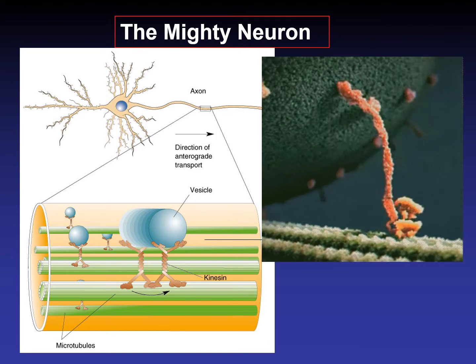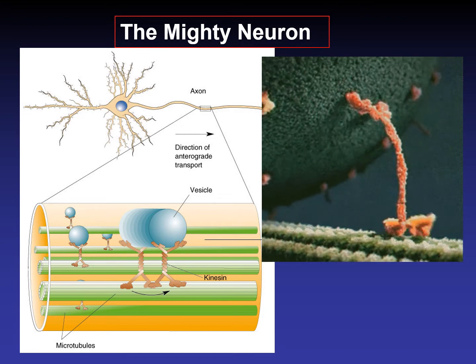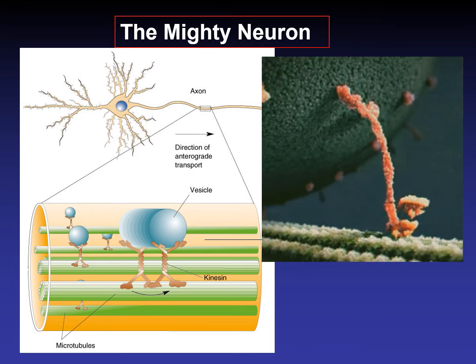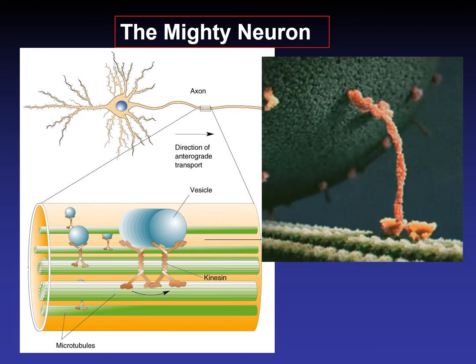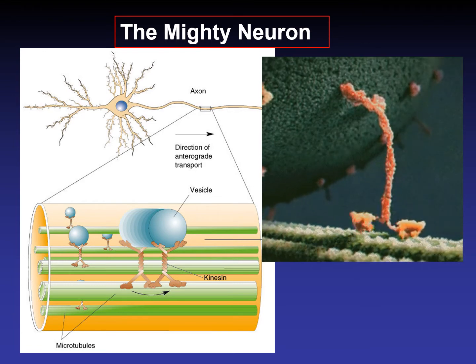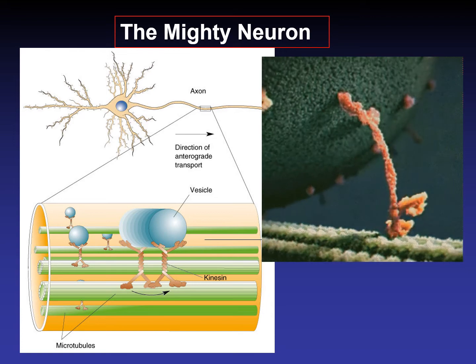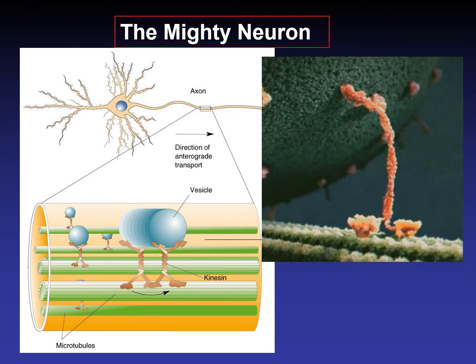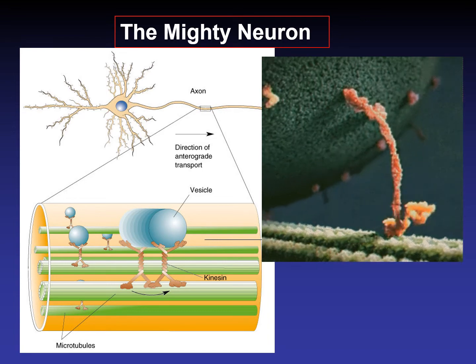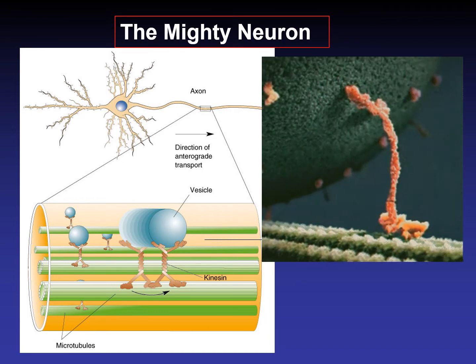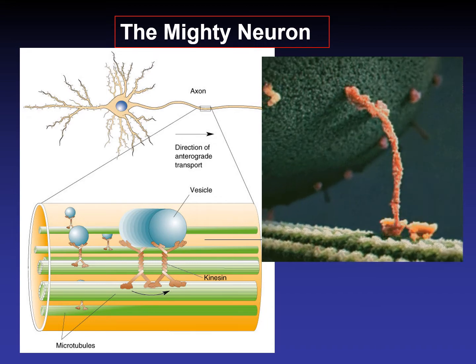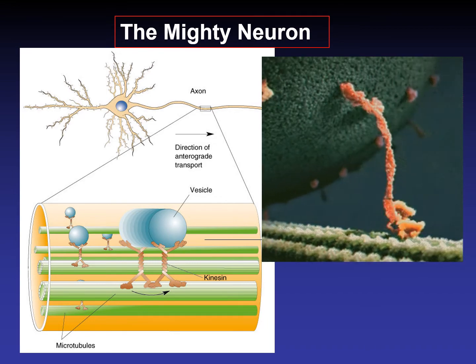It can kind of walk down these microtubules, and on the other end of the kinesin, it can carry what we call vesicles. And vesicles are filled with interesting substances such as neurotransmitter or neurotransmitter precursors. So these kinesin pairs will walk a vesicle full of neurotransmitter from the cell body down the axon to the axon terminal, where it can be released.